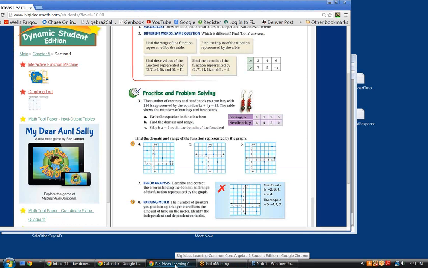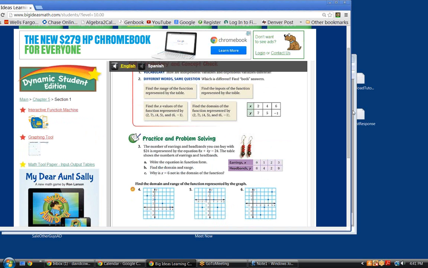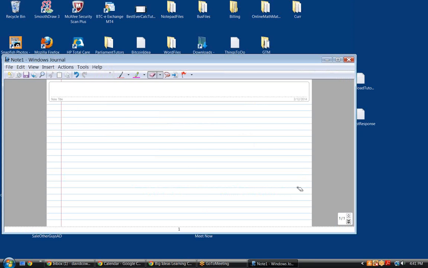I noticed by looking at some of their problems here, if you have a table of values instead of a continuous function, let's talk about that first of all.